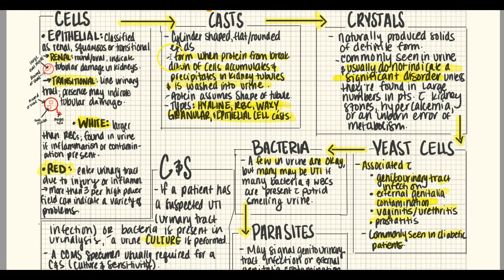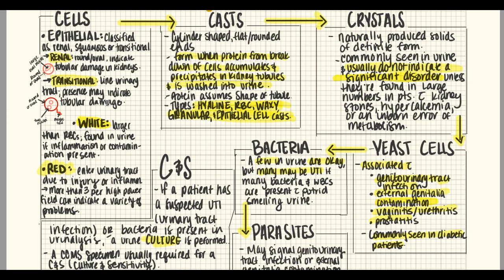The epithelial cells are typically classified as renal, squamous, or transitional. The renal cells are going to look oval or round shaped. They will most likely have a large oval nucleus in them. And if they are present, they can indicate tubular damage in the kidneys.